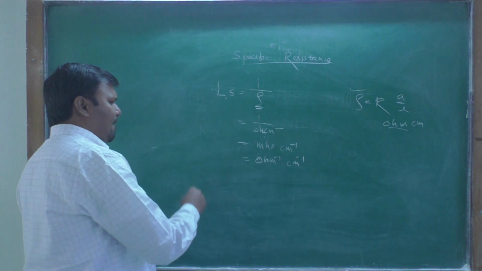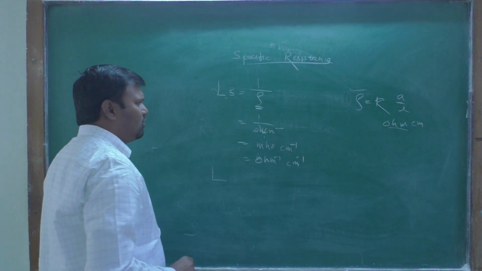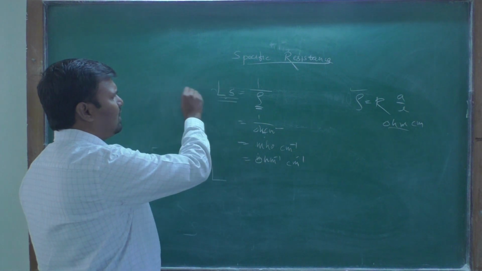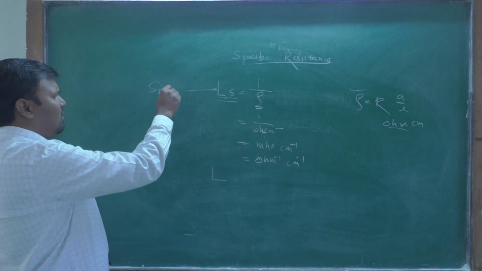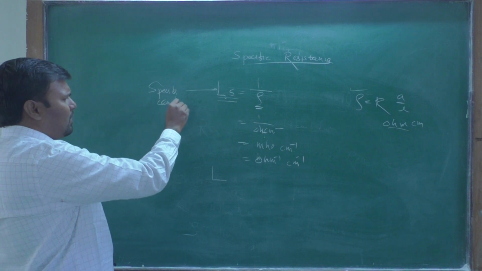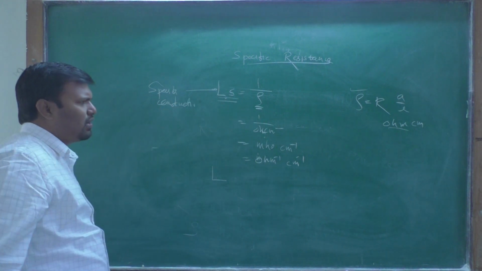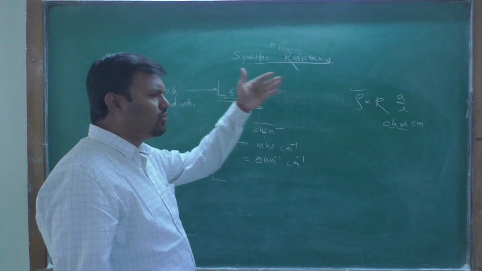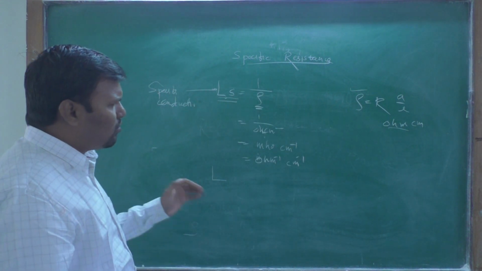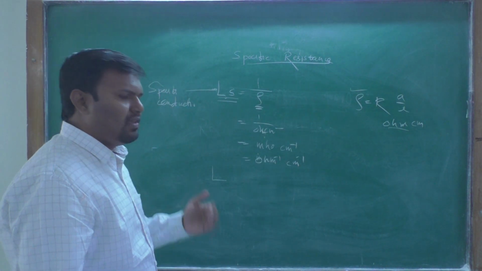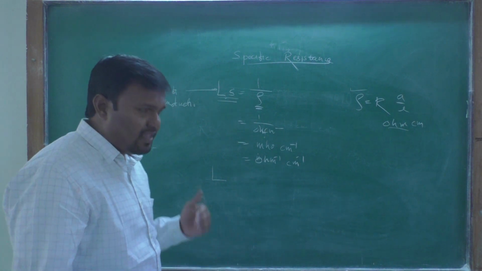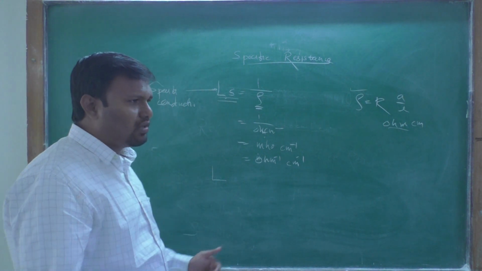Next, the specific conductivity, Ls. Specific conductivity is the opposite of rho: rho is related to resistance, while Ls is related to conductivity.